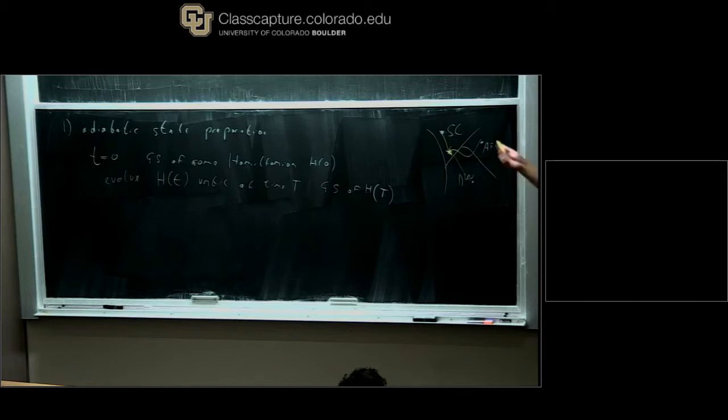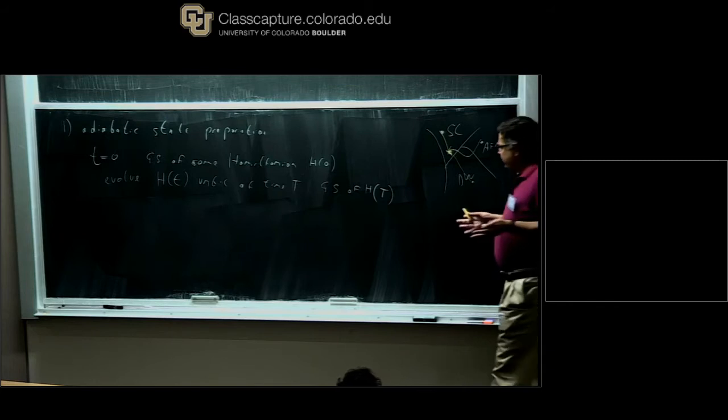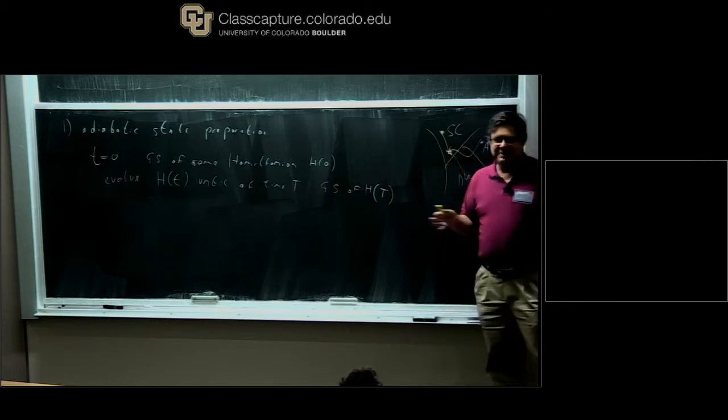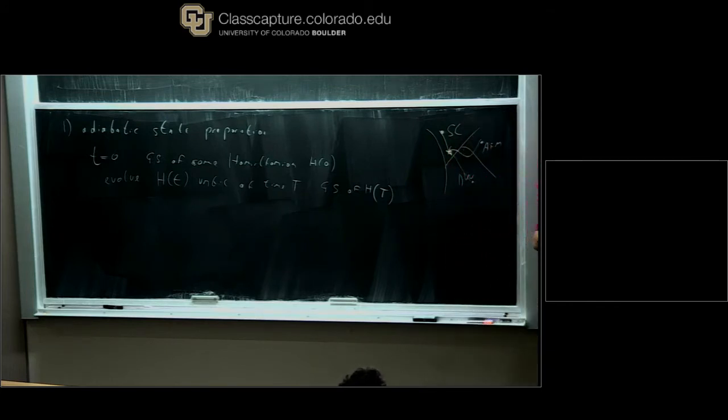I can start from here, here, or here, and I evolve. When I do these with the gap closing rapidly, maybe there's a problem. How to detect that? I could measure correlation functions and compare, but how do I know which approach was the best, if we don't know where the phase transition line here is?